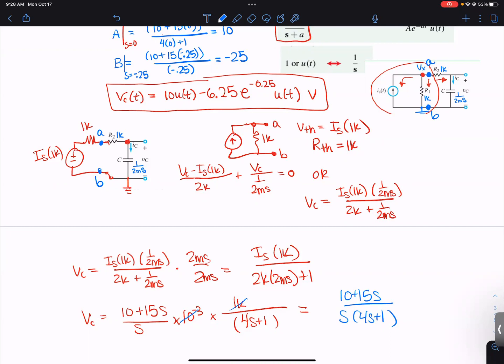To find the voltage between A and B there, if this is ground, this current IS goes through here, times 1K. And this becomes an open when I look at the resistance, so it's just a resistance of 1K.